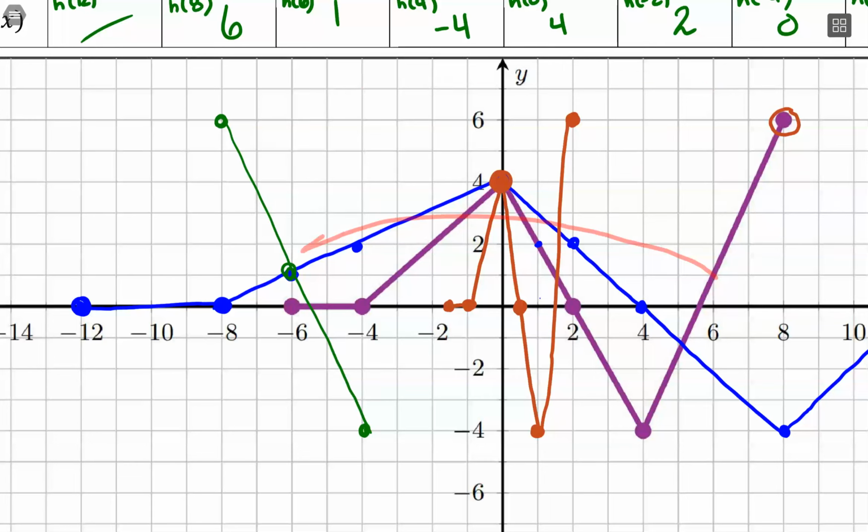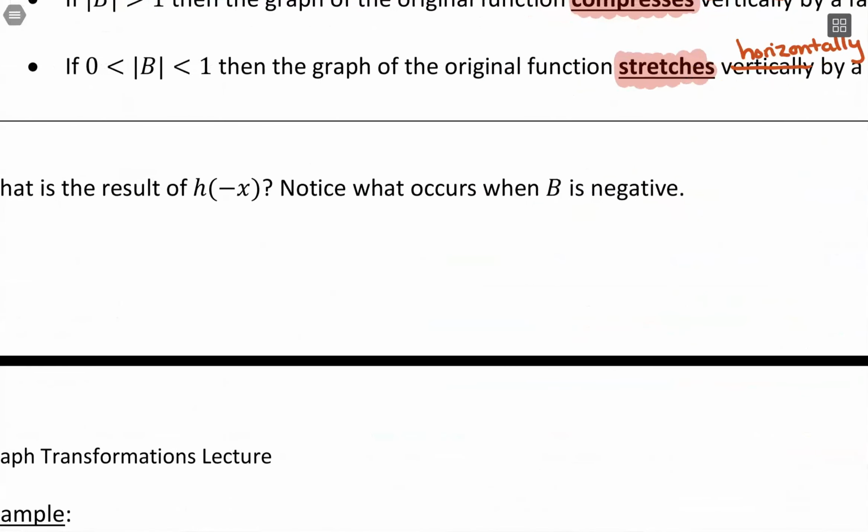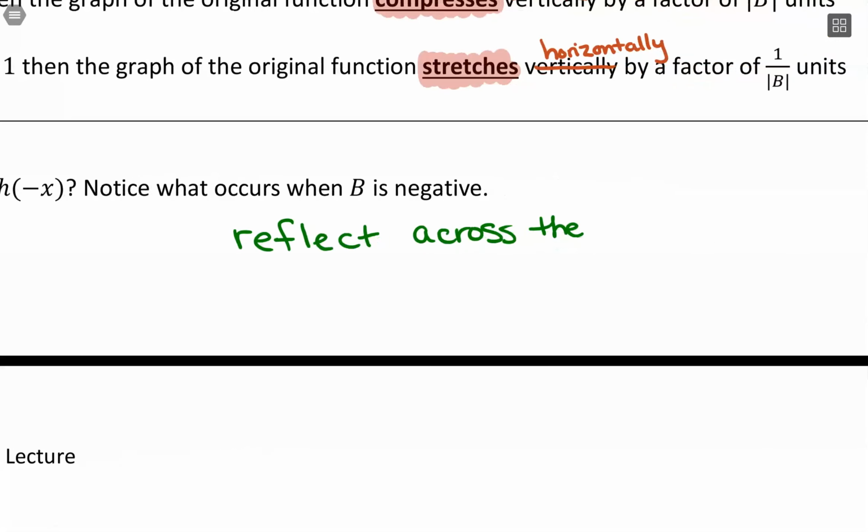So what we're getting is this reflection across the y-axis. So when the negative was outside the function, that made a reflection across the x-axis. But this is changing your x values from positive to negative. So if you have a negative value in there, reflect across the y-axis. We'll practice with those a bit too.